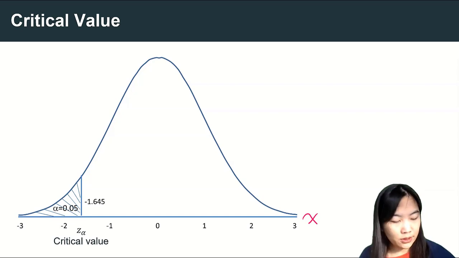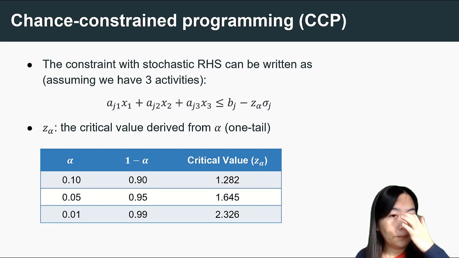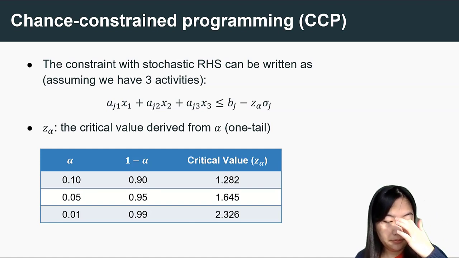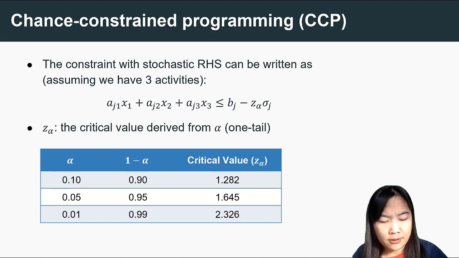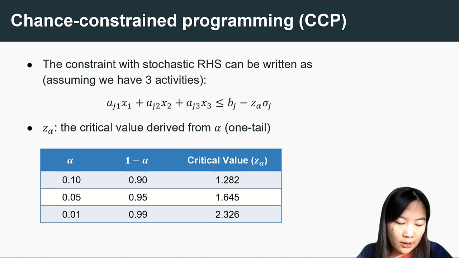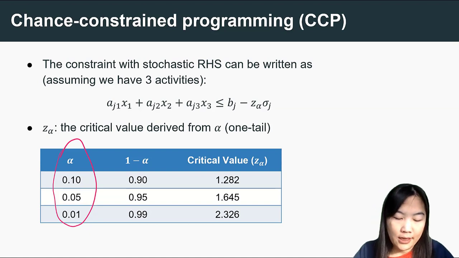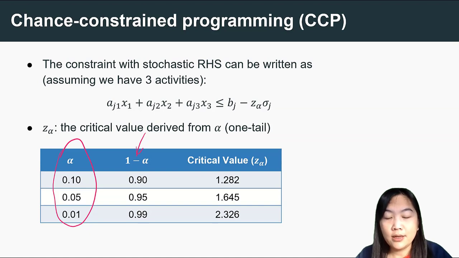So let's actually work on an example here. I also provided you with a table of the critical values. Once you have decided your alpha value, you can calculate 1 minus alpha, and you can find your z alpha value.